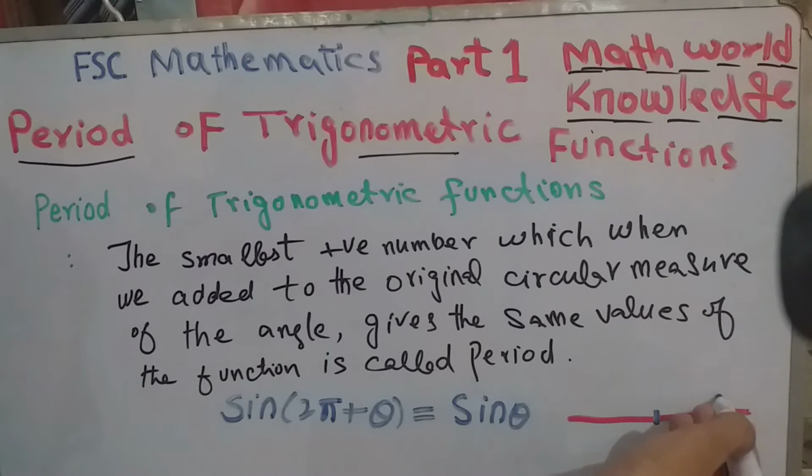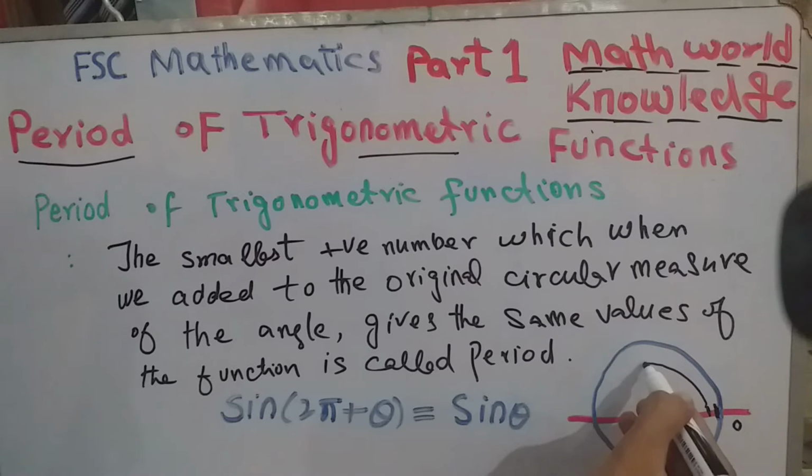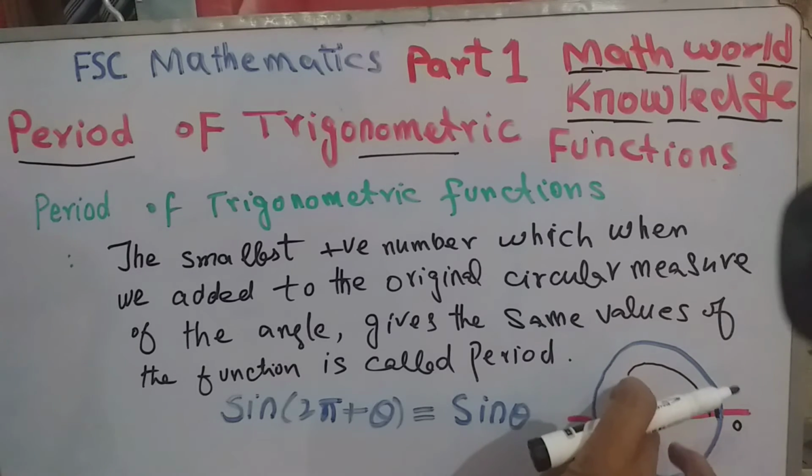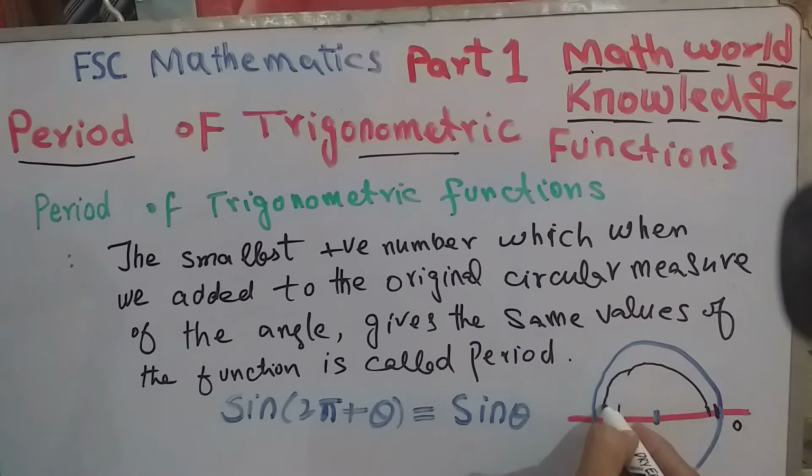Now we circulate it. This one is like a circle, and we can start at point 0, and it covers some distance like a circle.